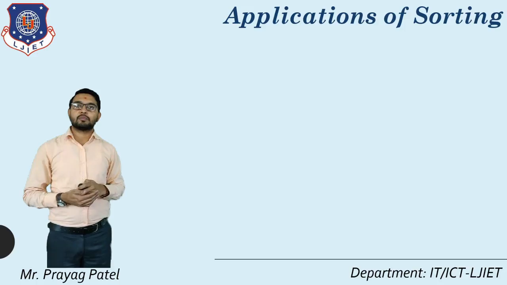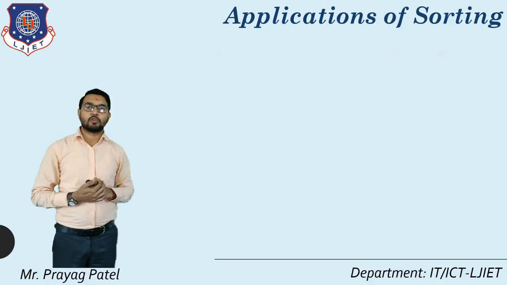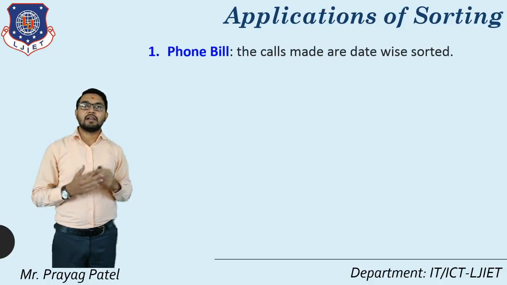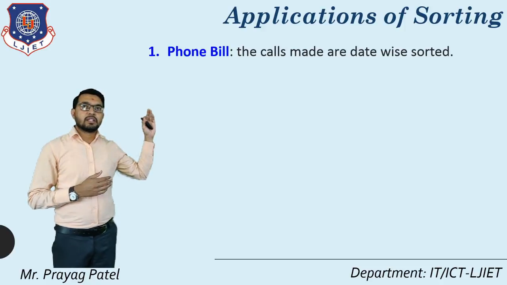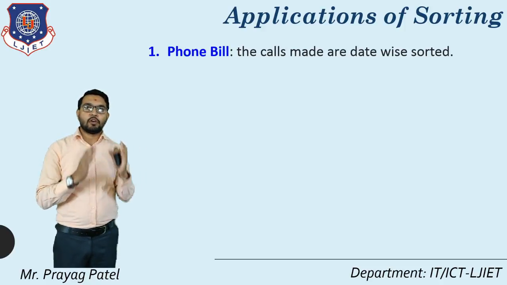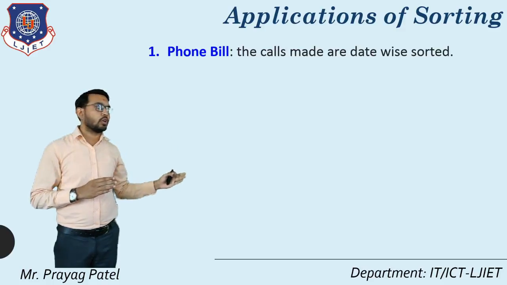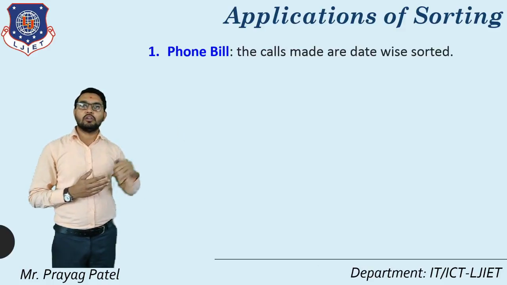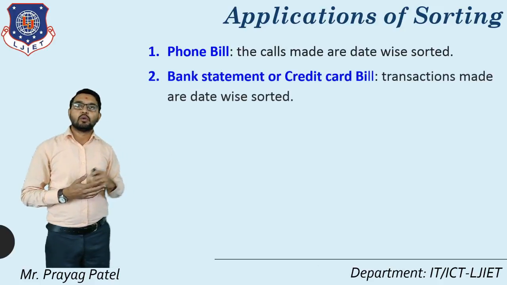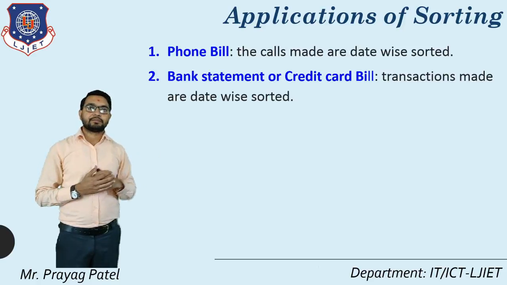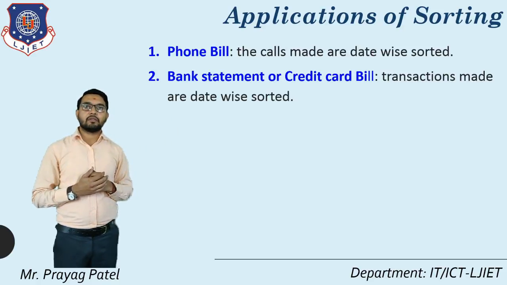Now consider the next point, applications of sorting. The first application of sorting is the phone bill. In a phone bill you see the data in some sorted order, date wise or call wise. Second is a bank statement or credit card bill, where transactions made are sorted date wise.